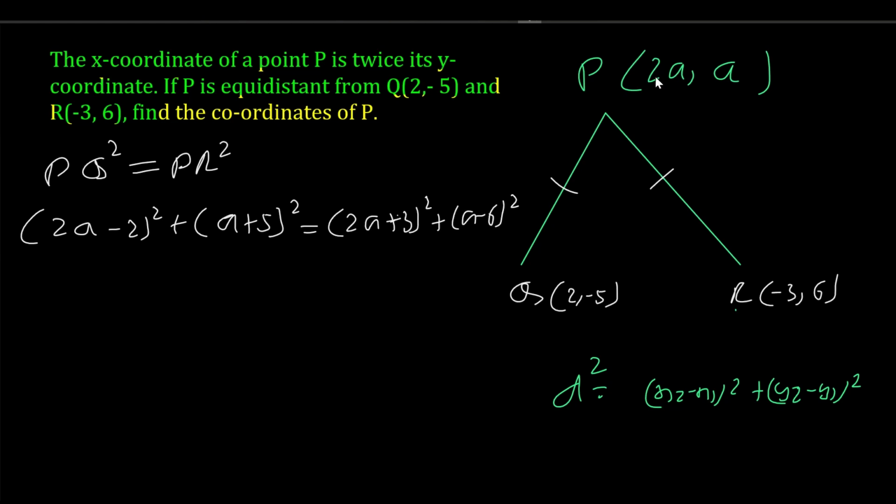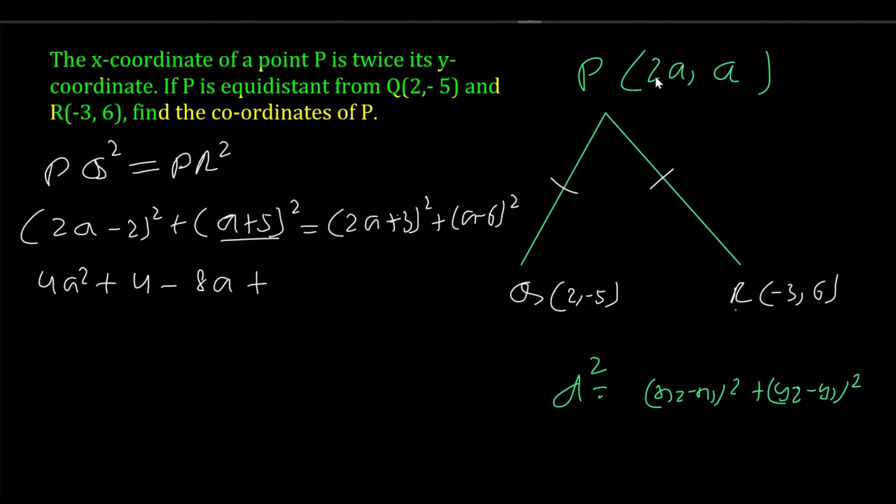Now after that we will apply the identity for the expansion. So 2a whole square is 4a square, plus b square, that is 2 square is 4, minus 2 times a into b. So 2 times the product of this is 2 into 2, 4 into 2, that is 8a.